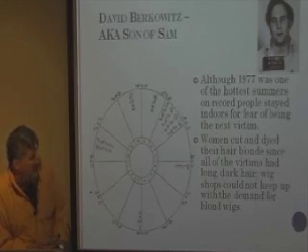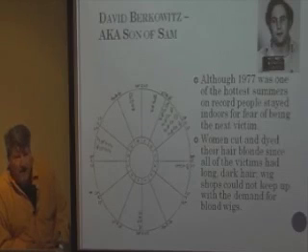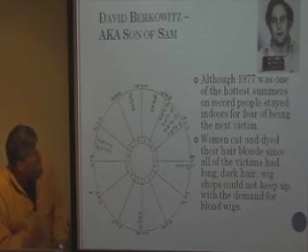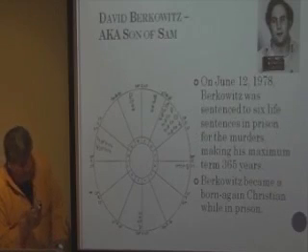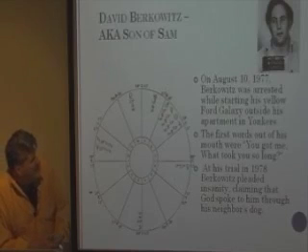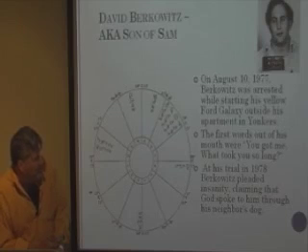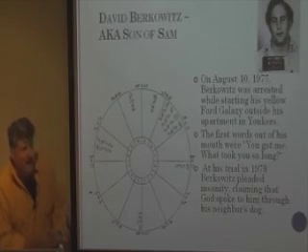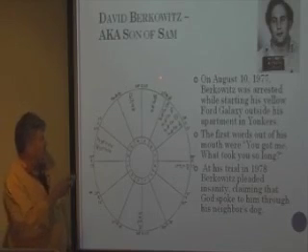Wig shops could not keep up with the demand for blonde wigs. On August 10th, 1977, Berkowitz was arrested while starting his yellow Ford Galaxy outside his apartment in Yonkers. The first words out of his mouth were, "You got me? What took you so long?"